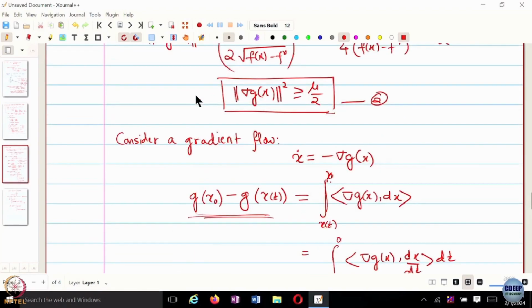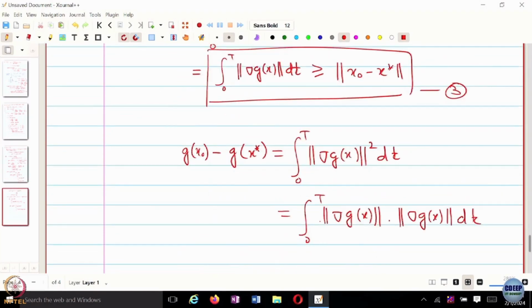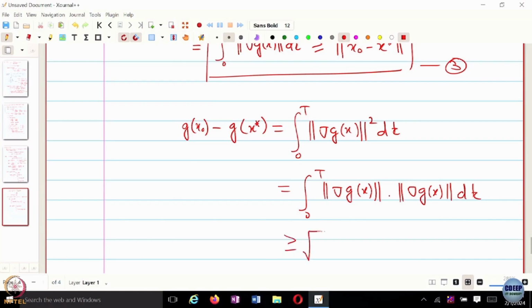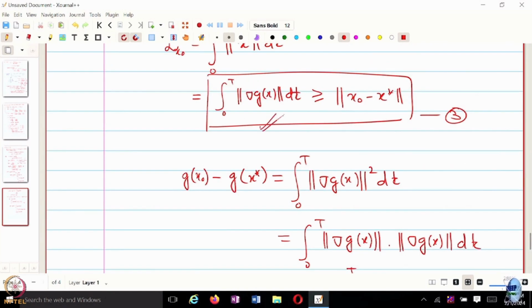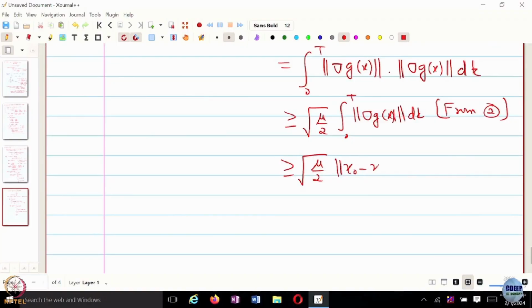From inequality 2, the norm of the gradient of g of x is greater than or equal to square root of mu by 2. And that's where we can use inequality 3, so this is greater than or equal to square root of mu by 2 times the norm of x naught minus x star. This is from 3.